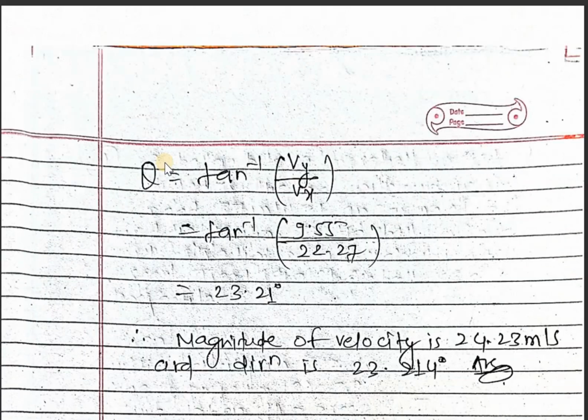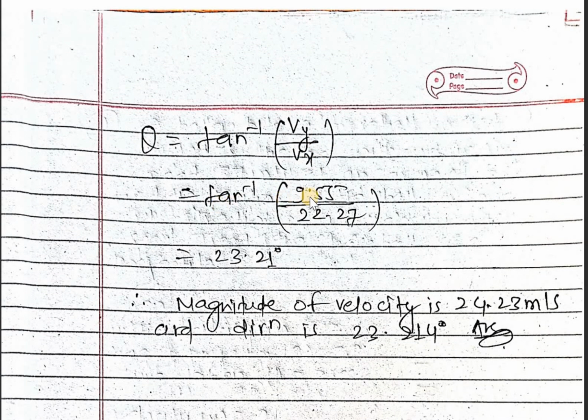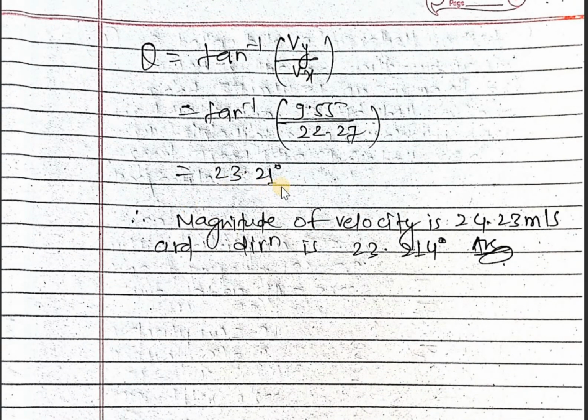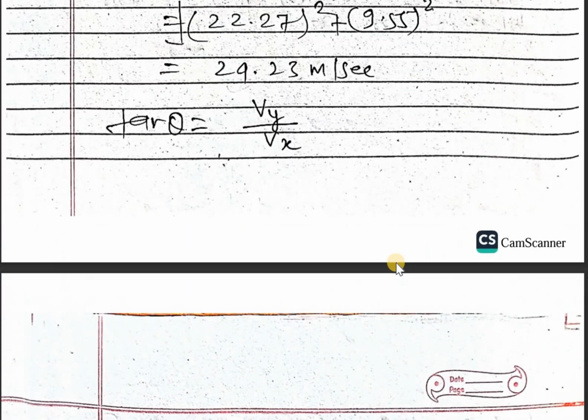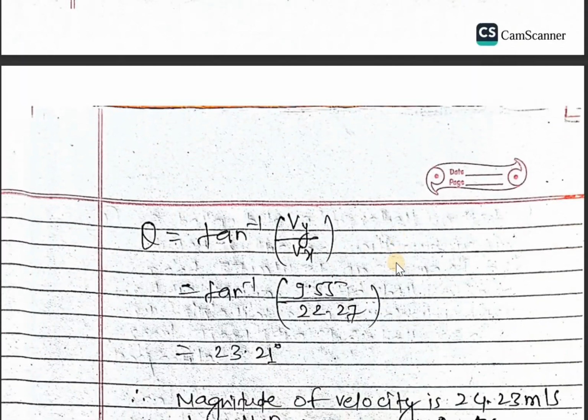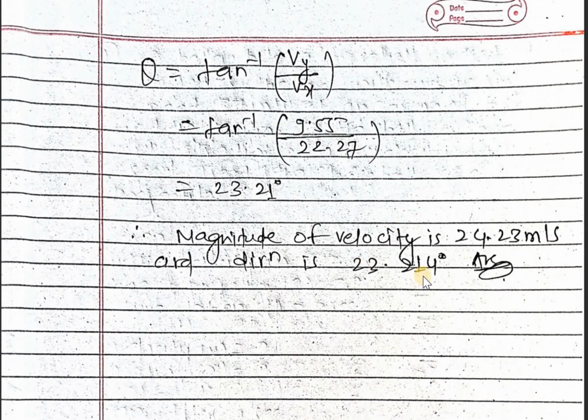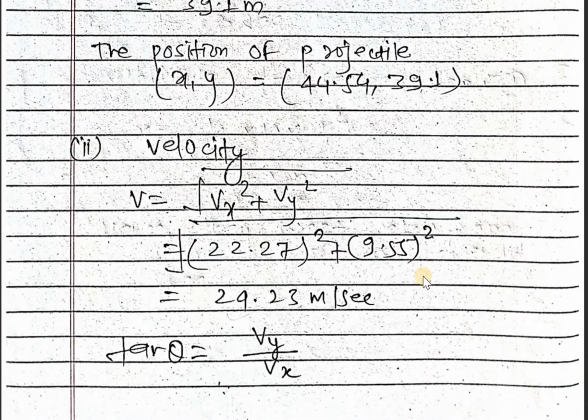So theta equal to tan inverse vy upon vx, tan inverse 9.55 upon 22.27, that is 23.21 degree. So the magnitude is 24.23 and the direction is 23.214 degree.